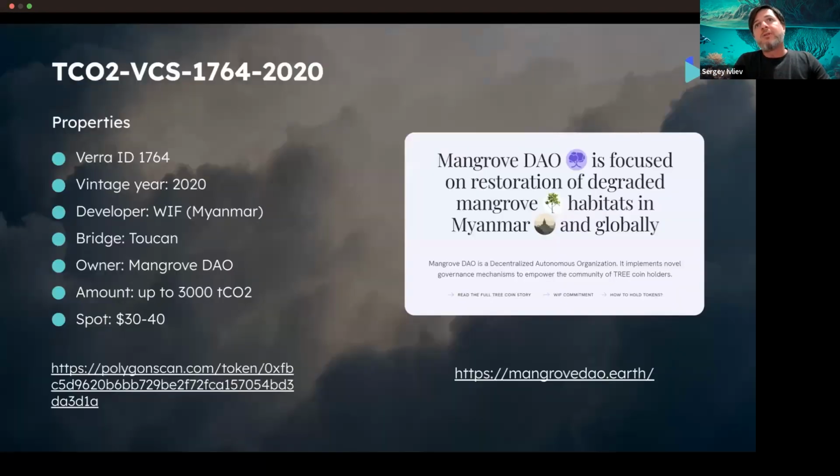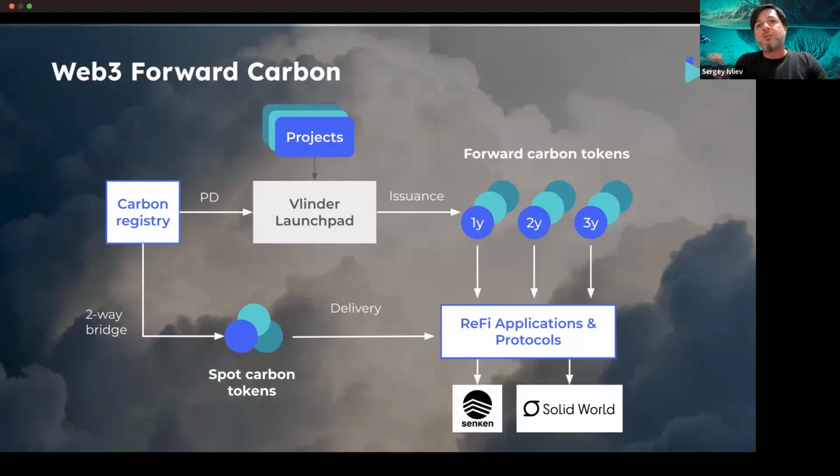Right now we have a pilot together with Senken and Solid World, on how we can offer and trade the forwards, maybe soon, hopefully, also on Carbonmark at some point.